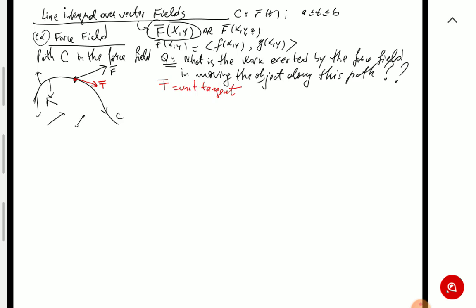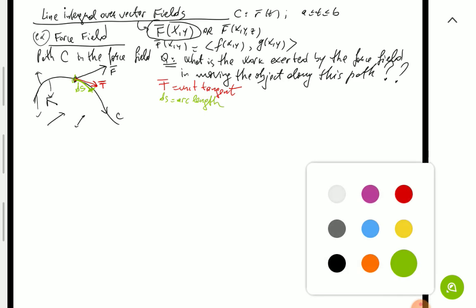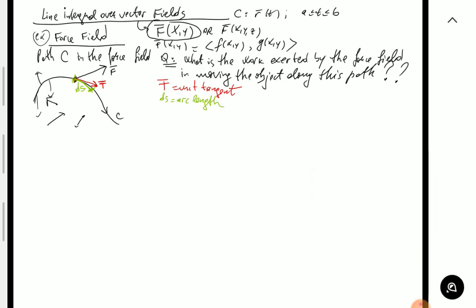Let's denote by ds, as always, the arc length, if you partition this curve. So that's ds. And let's denote by theta the angle between the force field and the unit tangent.